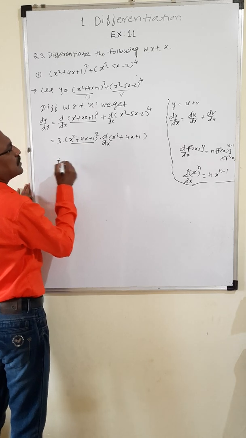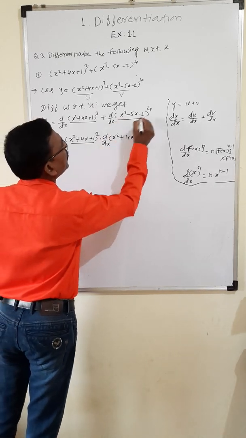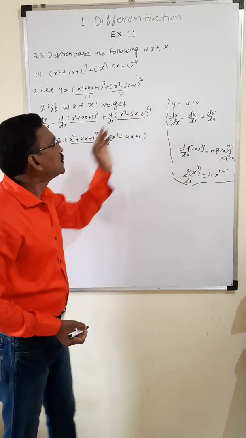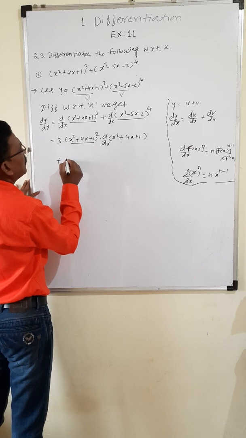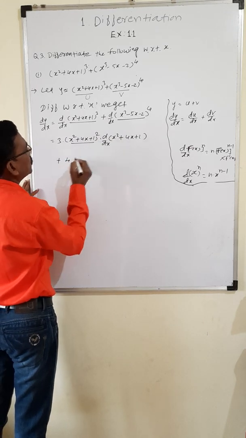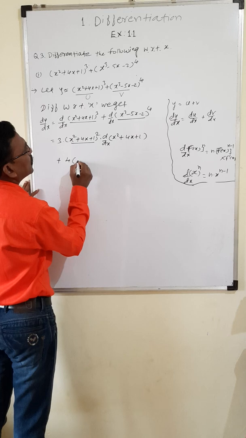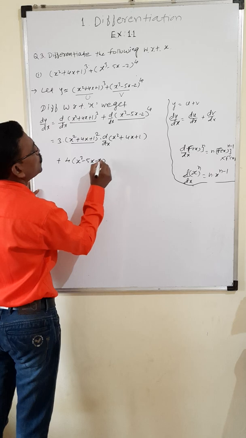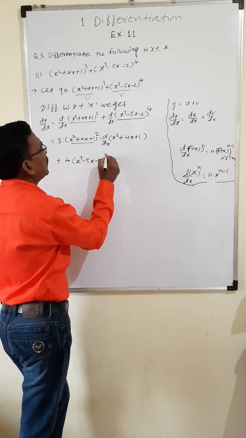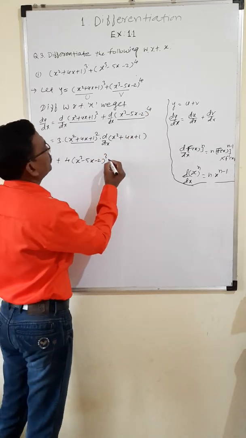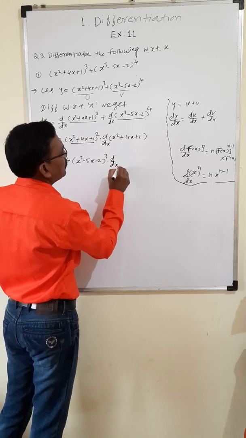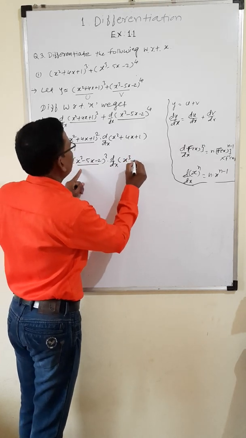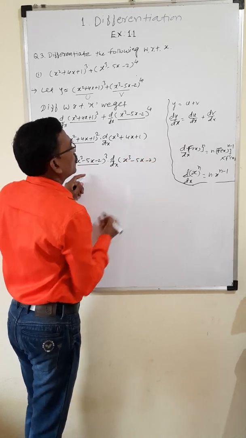And then again this function is of the type f of x raised to n. So its derivative is 4 into (x cube minus 5x minus 2) to the power 4 minus 1, which is 3, into, again by chain rule, the derivative of x cube minus 5x minus 2.